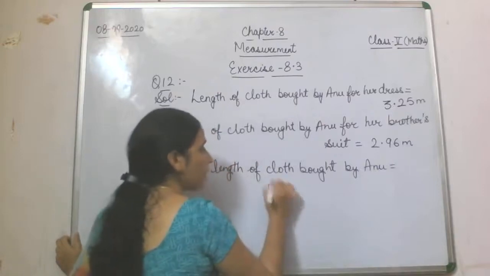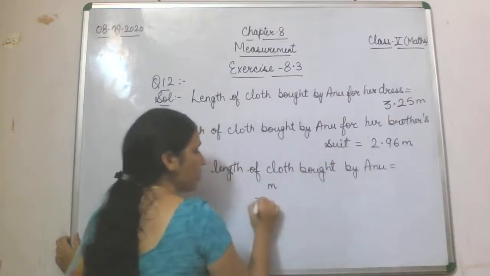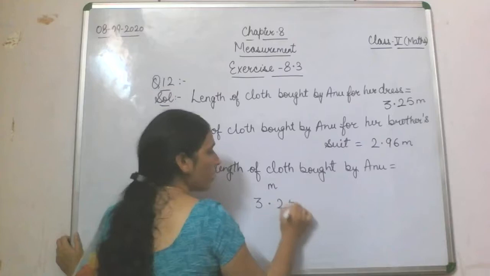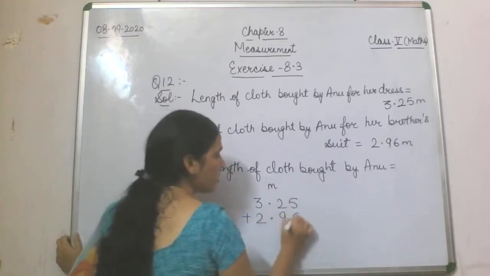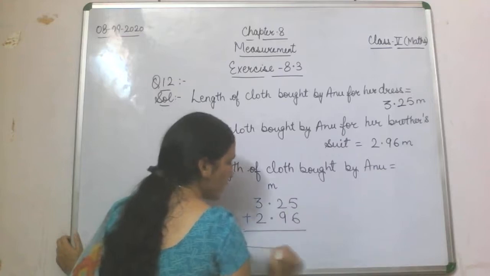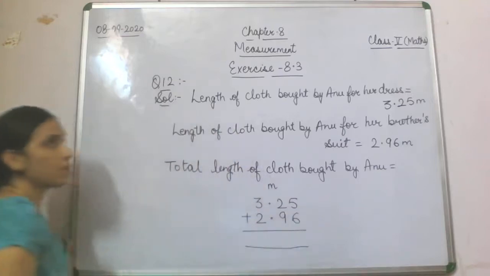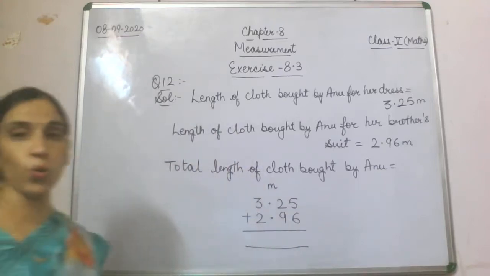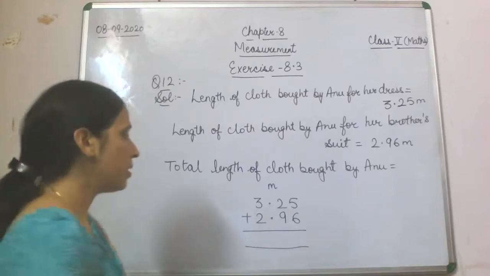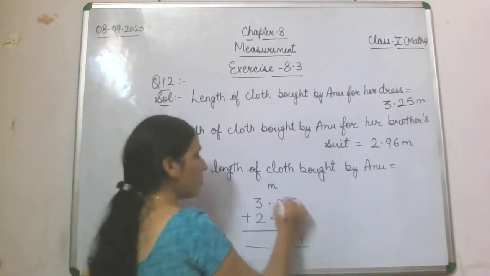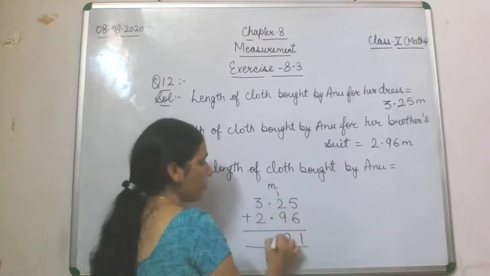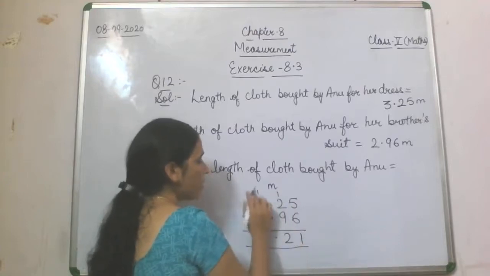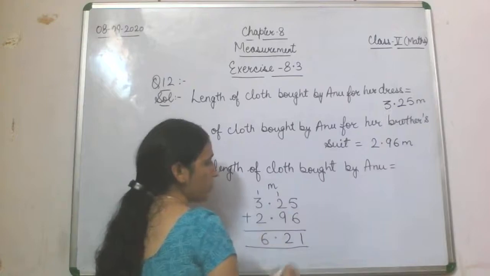Fine, anything you can write. I will write here meter, then 3.25 plus 2.96. Do the addition and we will get the answer, what is the total length of cloth bought by her. Now 6 plus 5 is 11, 1 will be carry, 9 plus 2 is 11 plus 1 is 12, 1 will be carry, 3 plus 1 is 4, 5, 6.